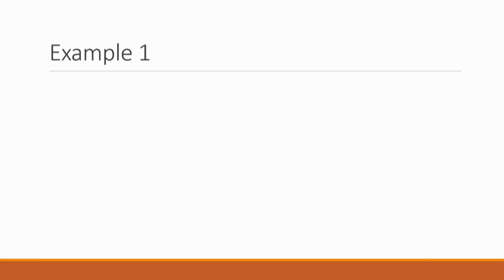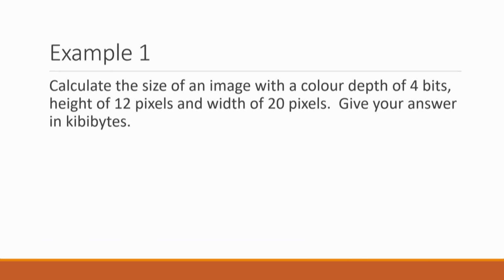Let's try a few examples. Calculate the size of an image with a color depth of 4 bits, height of 12 pixels, and width of 20 pixels. Give your answer in kibibytes. How do we unpick this? We know that the formula for image file size is given by resolution multiplied by color depth. Resolution is height multiplied by width.